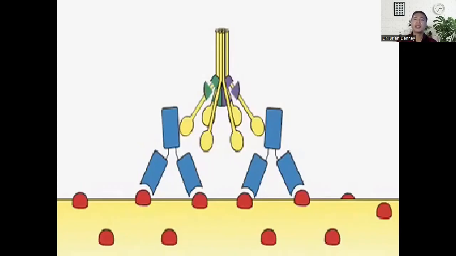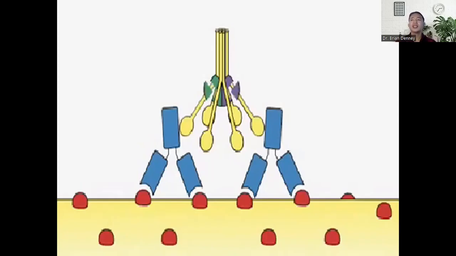Question: what specific subunit of the C1 complex causes activation of the next complement protein, such that activation of this complement protein heralds the beginning or commencement of your activation phase? Correct. Your C1S.